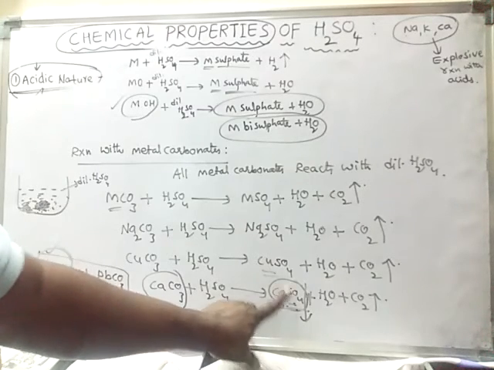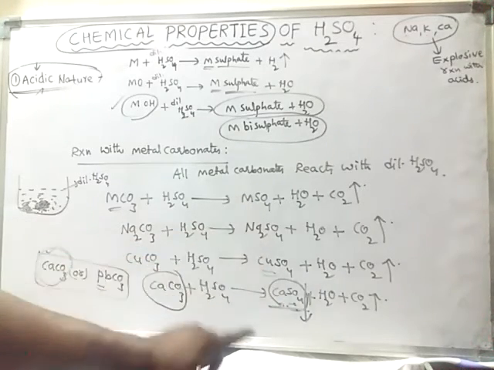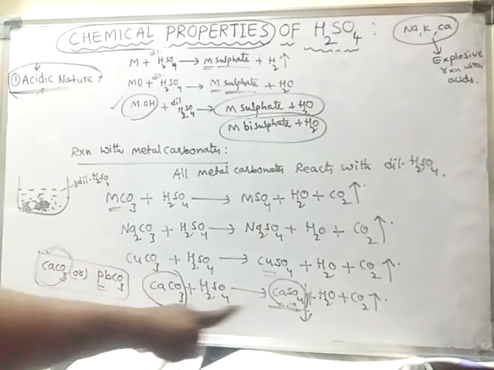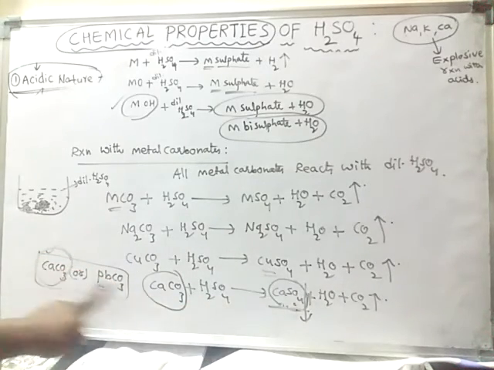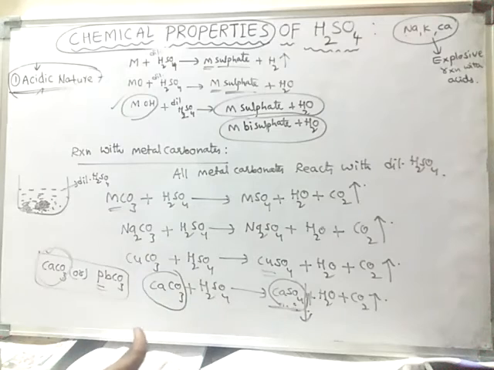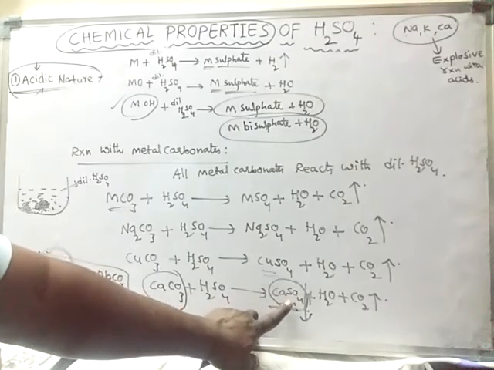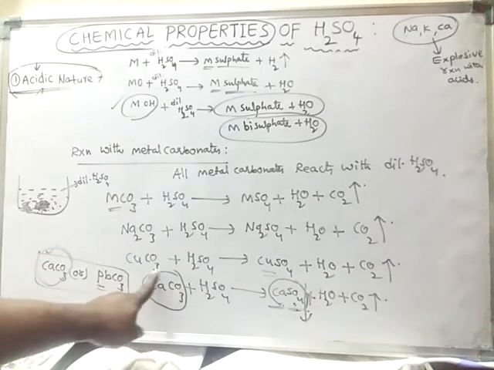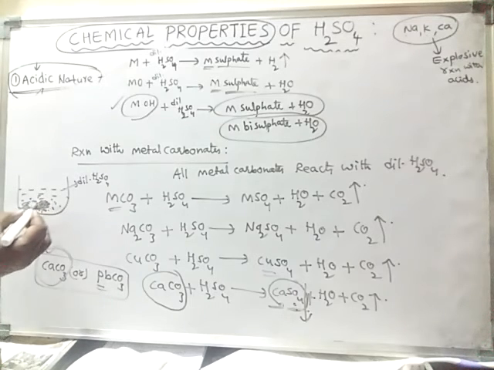Other sulfates are soluble, but the sulfate of calcium and the sulfate of lead are insoluble. As they are insoluble, they will settle around the calcium carbonate.